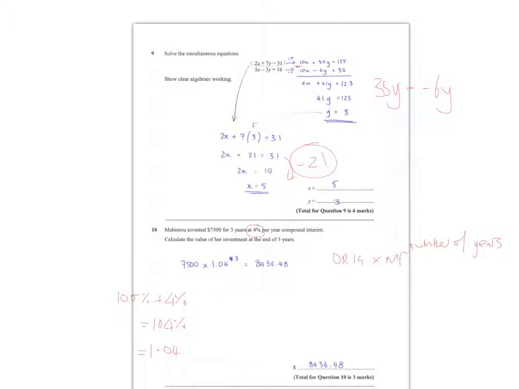Another way to do the same question would be to think, right, I've got my original amount. I know that I am multiplying by 1.04 in order to work out the amount at the end of the first year.